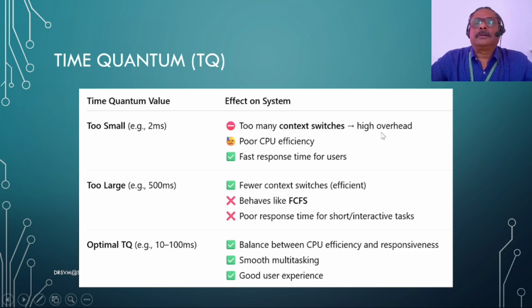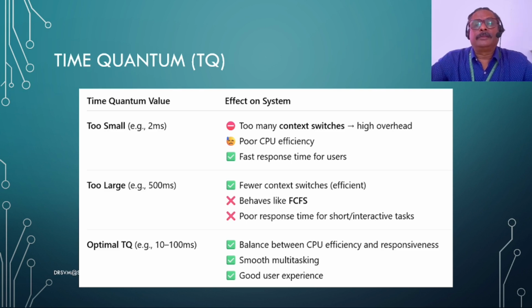So that calls for very high overhead and definitely very poor CPU performance, because most of the time it is busy copying in the new process and copying out the old process. Getting in the new process and getting out the old process is a major work compared to actual processing.